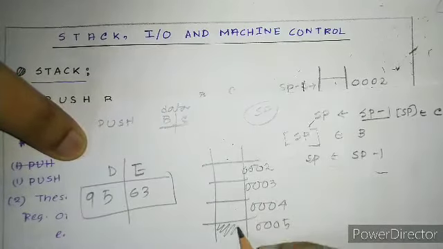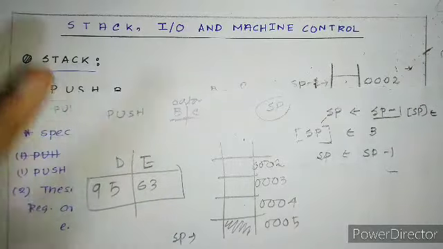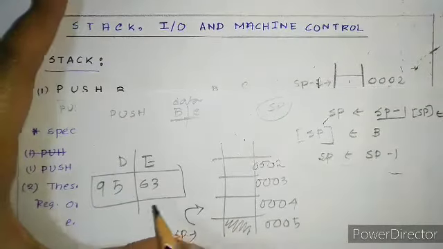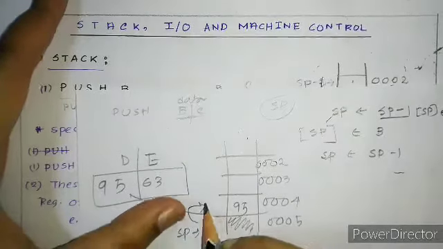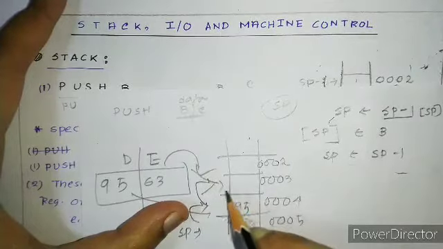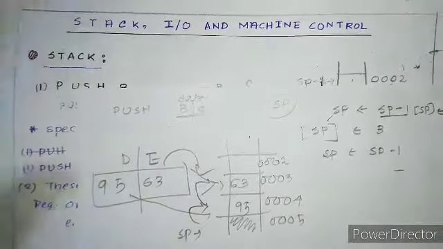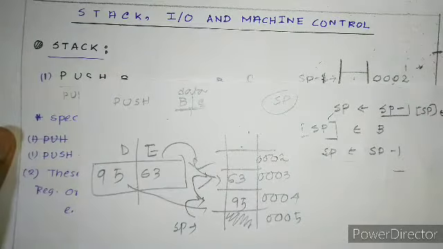Suppose this was my SP. First, go to this address, and store the data from D, 95. Again decrement and go to this address, and store the data from E. Is it clear? This is how the push operation works.